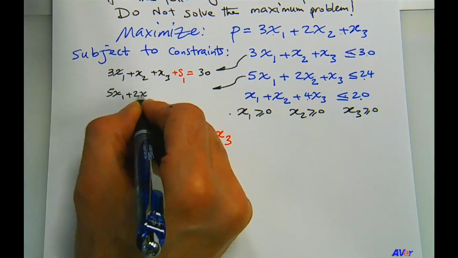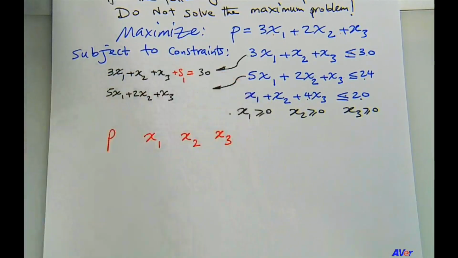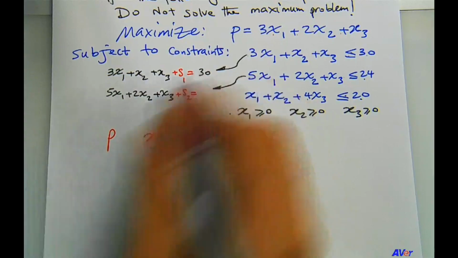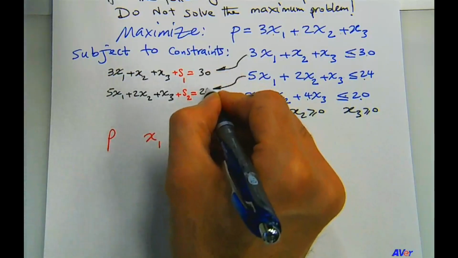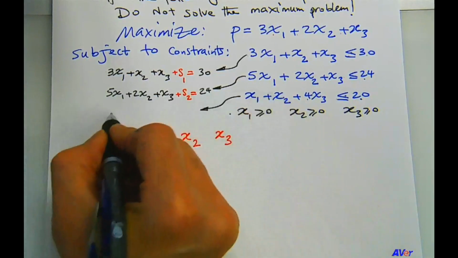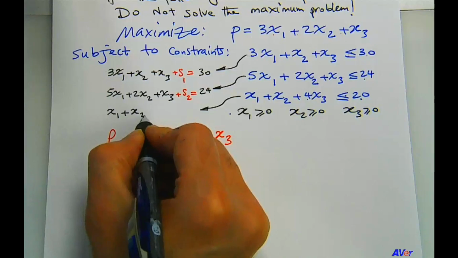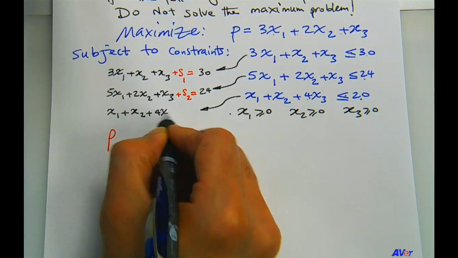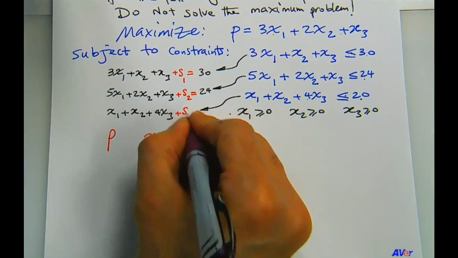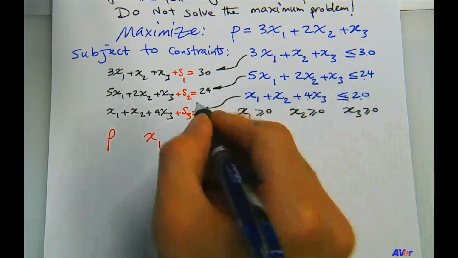5x1 plus 2x2 plus x3 plus s2 equals 24. And this one, we have x1 plus x2 plus 4x3 plus s3 equals 20, right?